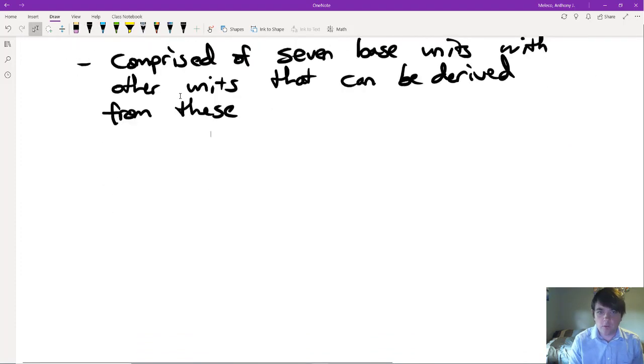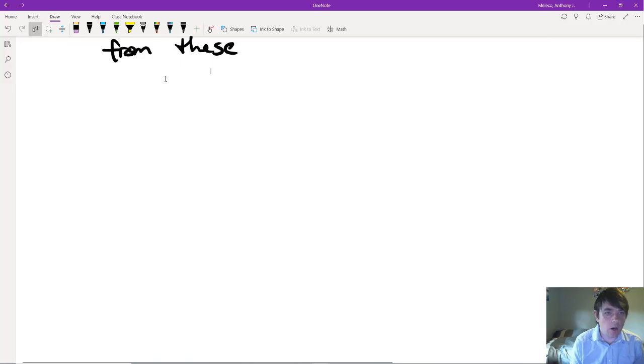Okay, so there's 7 base units that can be used to discuss basically anything from the very tiniest particle to the largest particle if you use those base units and mix them up and combine them a bit.